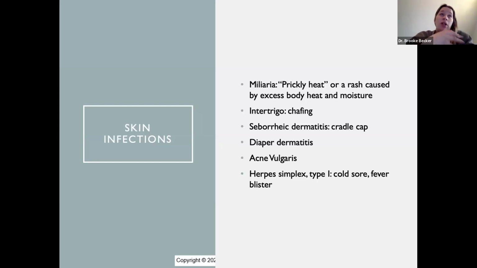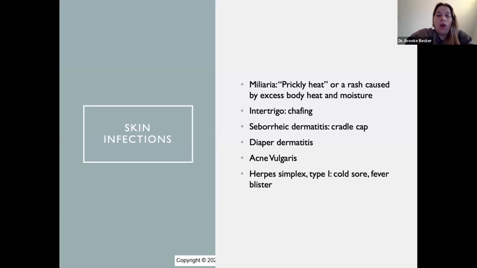Sometimes if it really gets opened up from chafing, once again, you can see that staph or strep or yeast that's naturally on our body go in there and start an infection. So they may need an antibiotic or an antifungal in those areas. Once again, try and keep those rolls clean and dry as best you can to help reduce that risk of intertrigo.